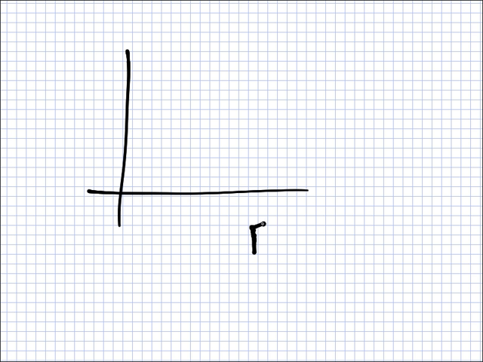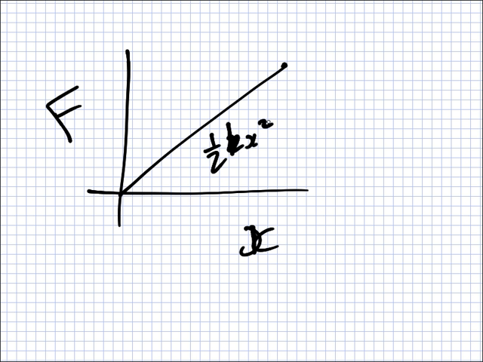F? Yeah, F. X. Like this? Oh, it's the other way, okay. You're right, Ben. It's like this. So the area is a half Kx squared.